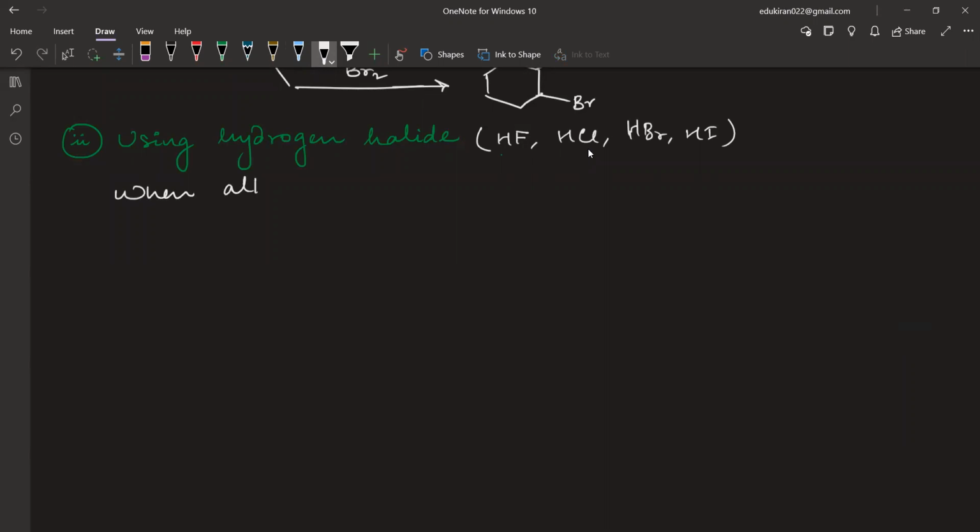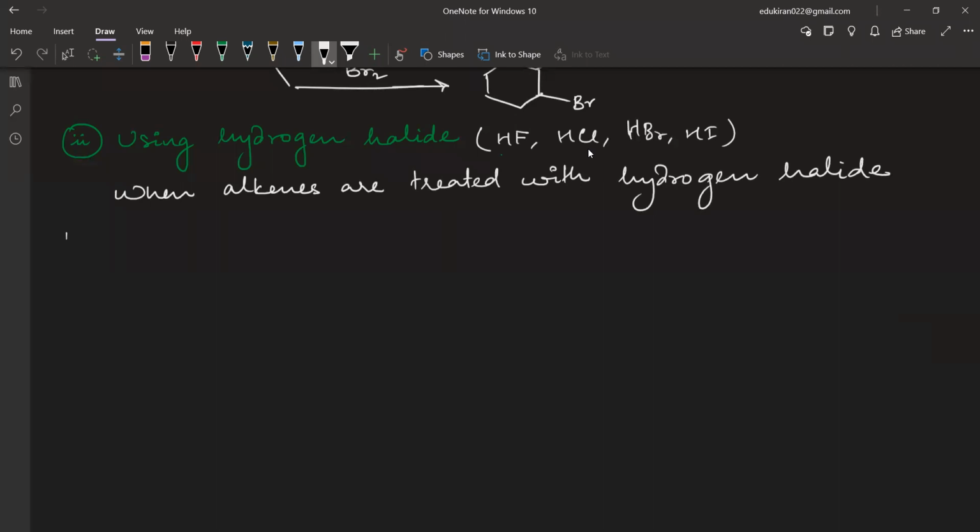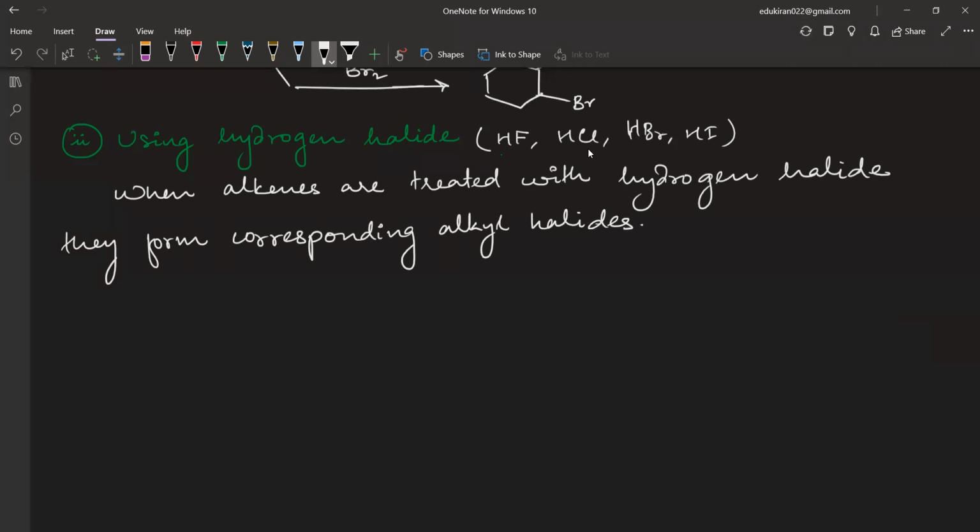When alkenes are treated with hydrogen halide, they form corresponding alkyl halides.